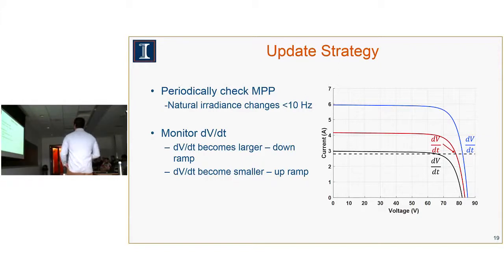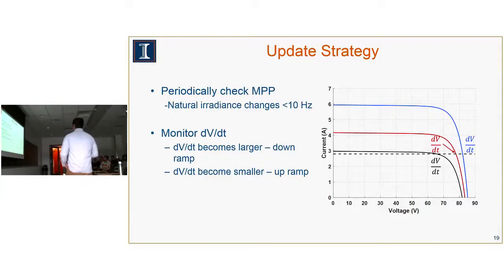Another way that we're looking into is to monitor the voltage derivative, because even if you're at a fixed set point, you can determine whether or not the IV curve changed by just tracking dV/dt. If dV/dt is at a certain value and then all of a sudden becomes larger, you've just experienced a down ramp, where now your IV curve is down here and you're in this variable voltage region of the curve, as opposed to this region where it's relatively constant.